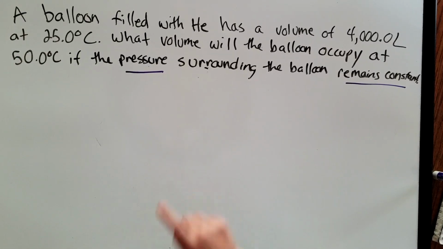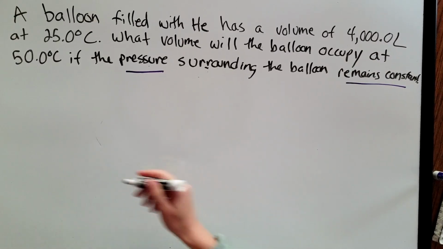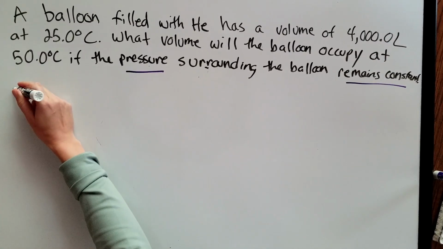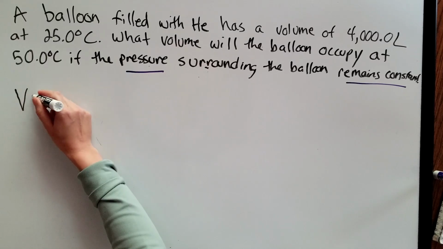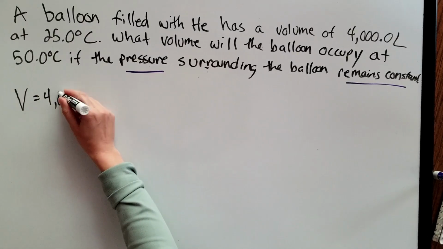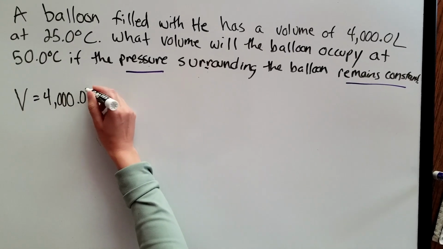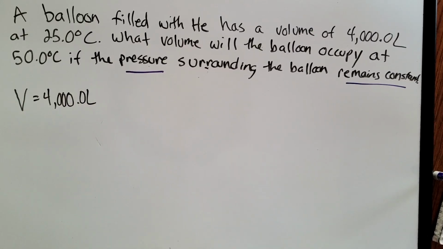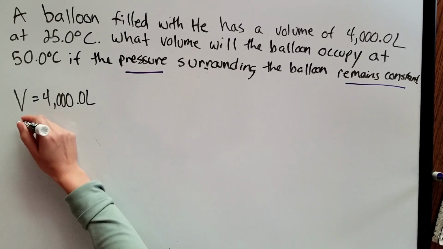So I'm going to start with this 4,000 liters. Now that is a volume. Okay, the next piece of information I see is 25 degrees Celsius. Now that is going to be a temperature.